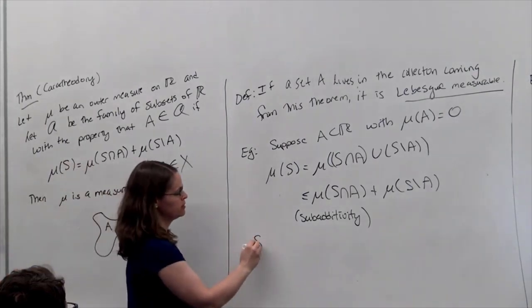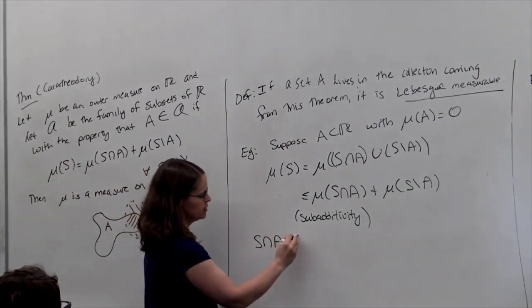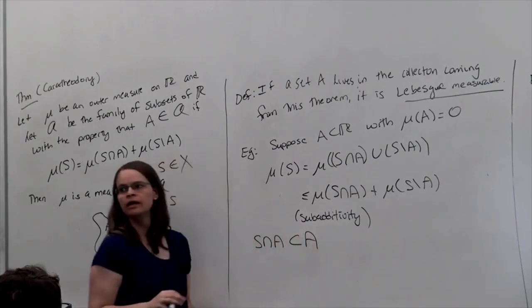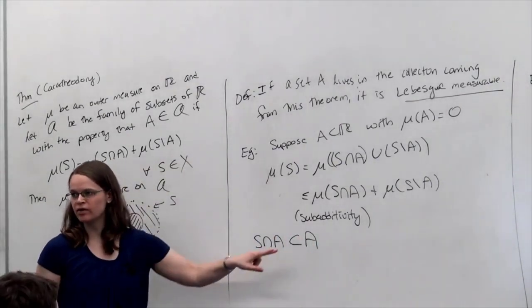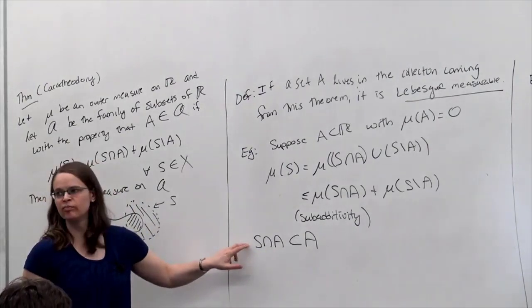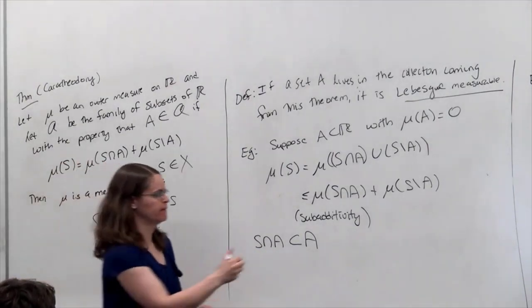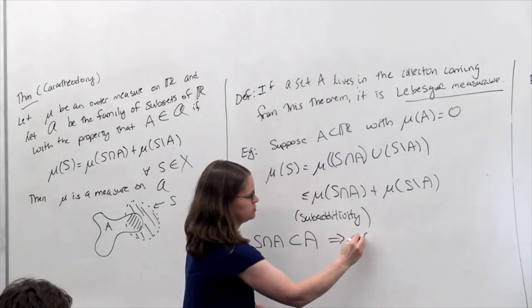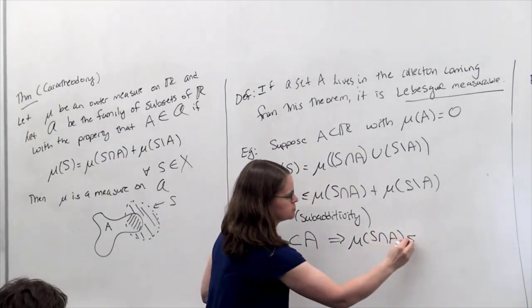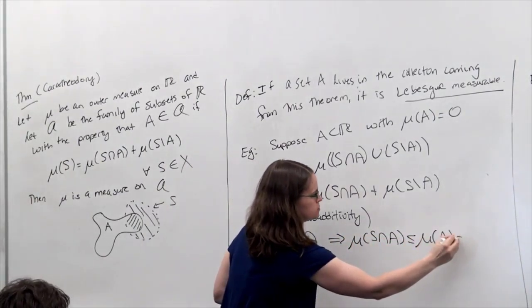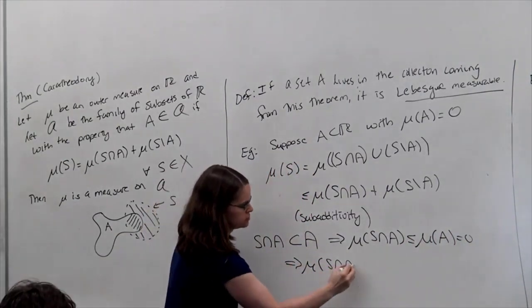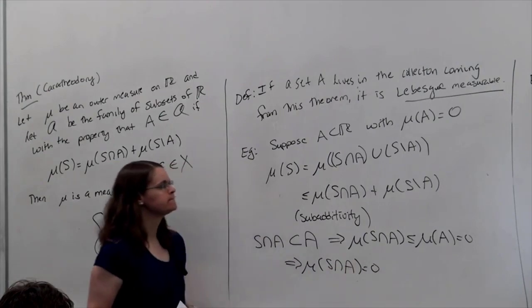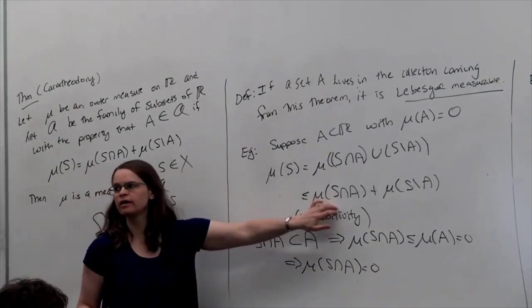So we know that this is a subset of A. We know that A has measure 0. So by comparison, again, we got outer measure. That means this has measure less than or equal to the measure of A. Okay, so this guy goes away.